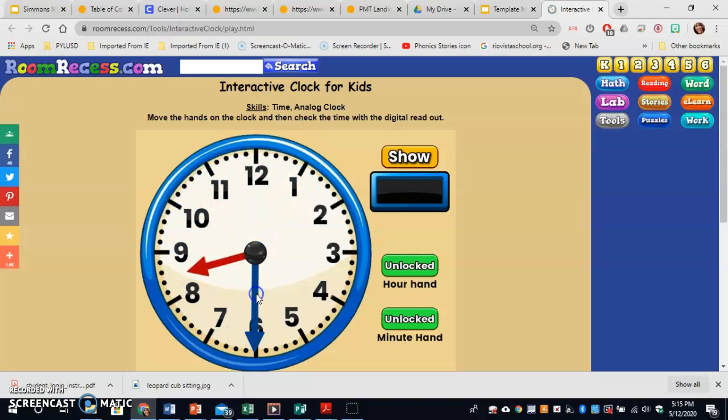What time is it? 8:30. See how the hour hand is past the 8, but it's not on the 9 yet. What time is it now? 10:30.